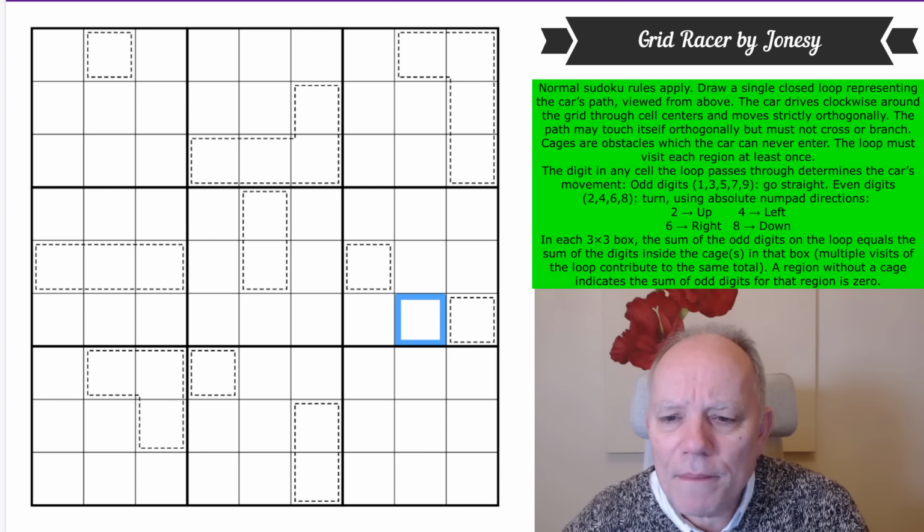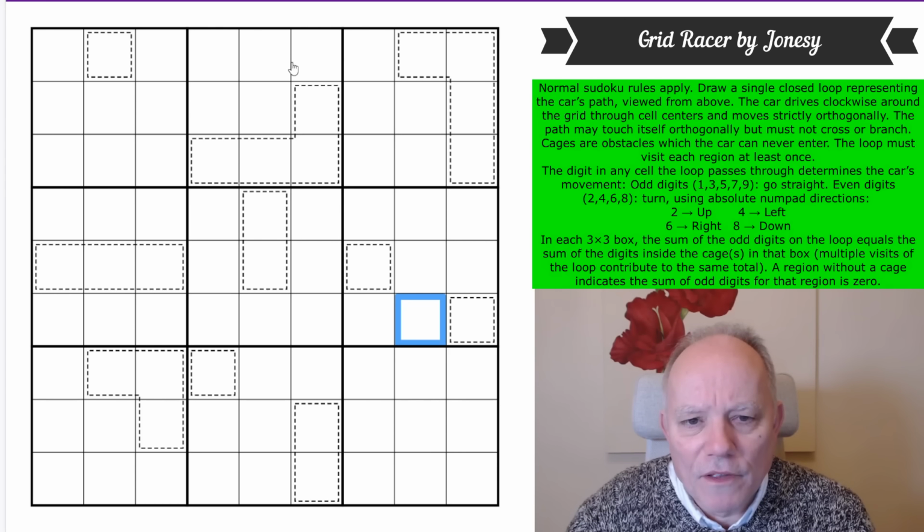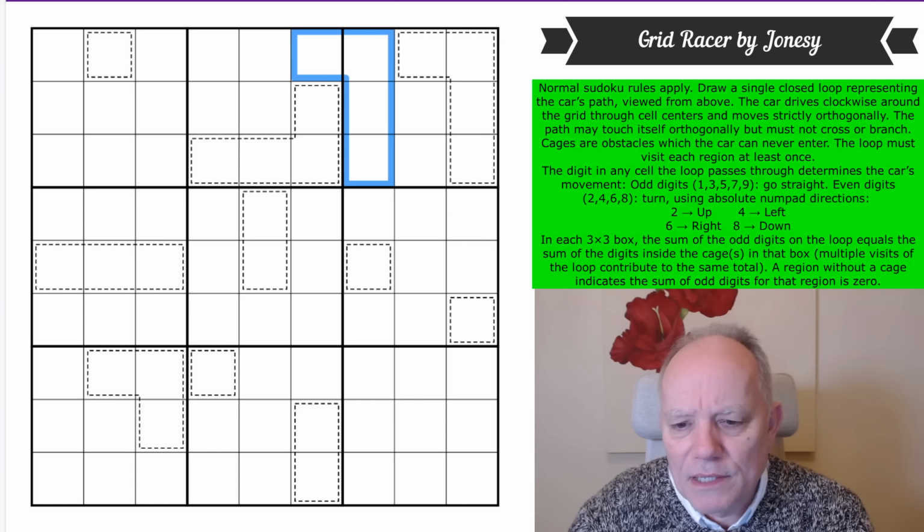And in each 3 by 3 box, the sum of the odd digits on the loop equals the sum of the digits inside the cage or cages in that box, and multiple visits of the loop contribute to the same total. Well, let's imagine the loop went through box 3 on those cells.